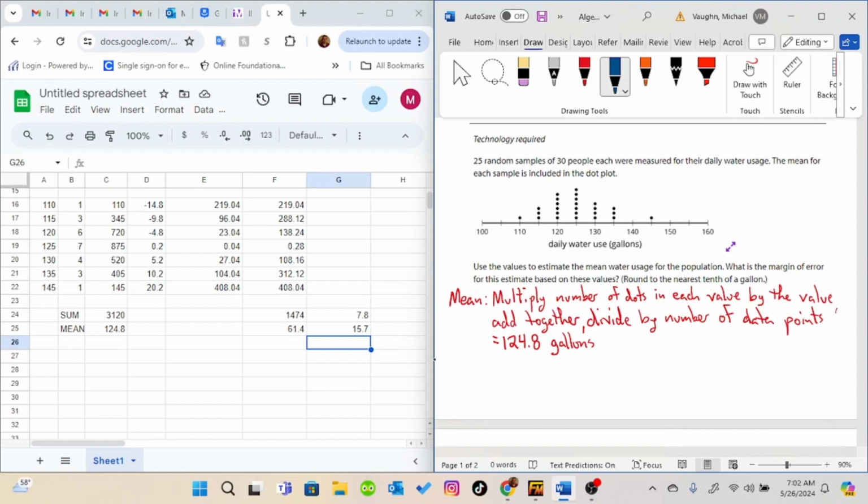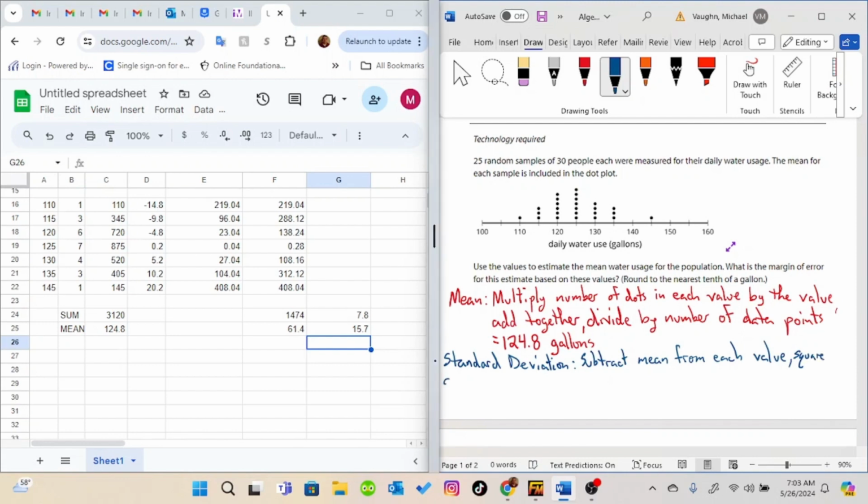Then, to find my standard deviation, I subtracted the mean from each value, then I took that difference and I squared it. Once I got the squared differences, I multiplied by how many dots were in that category.